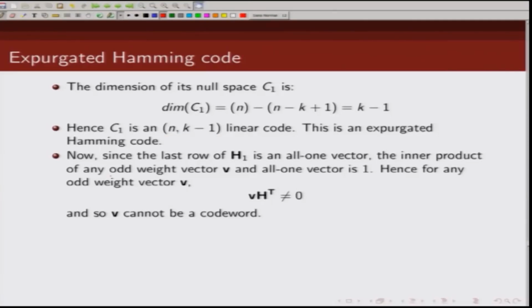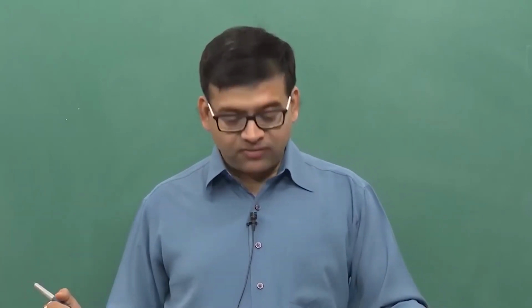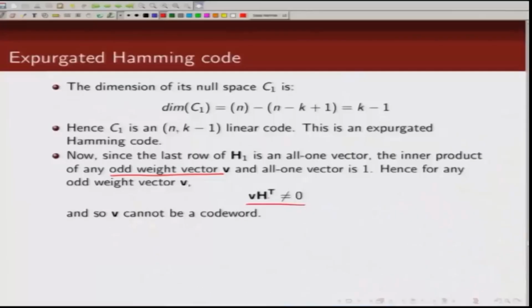If you have an odd weight vector, then V H transpose cannot be 0, because of this all ones in the parity check matrix of this new matrix H1, the expurgated code parity check matrix. Okay. So, V H1 transpose cannot be 0 if V has odd weight.